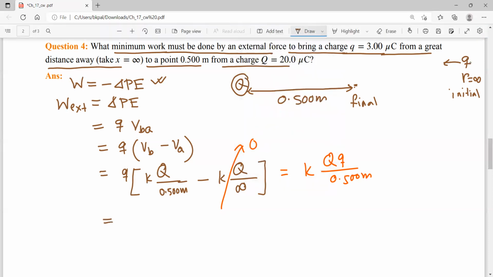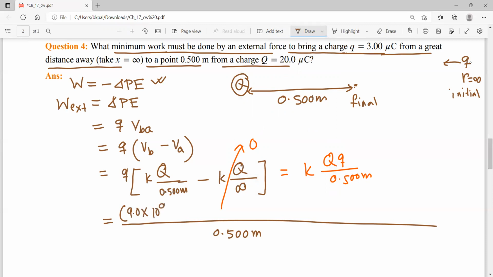Okay, now if I plug the values, I would get something like this. So in the denominator we have one term, and that is this, and here K is 9 times 10 to the power 9 Newton meter square per coulomb square. Capital Q is 20 microcoulomb, small q is 3 microcoulomb.